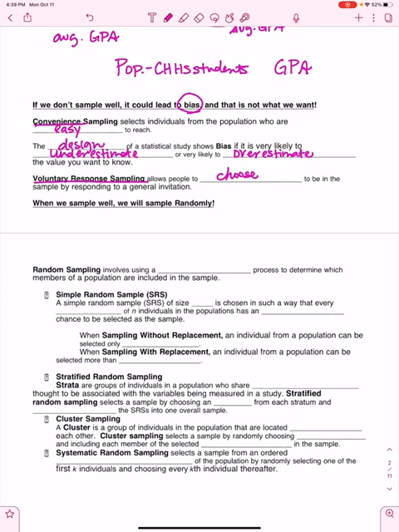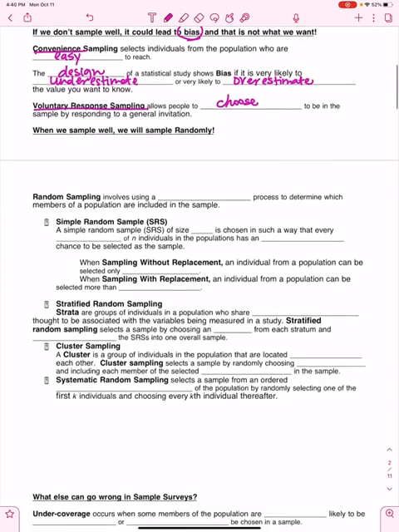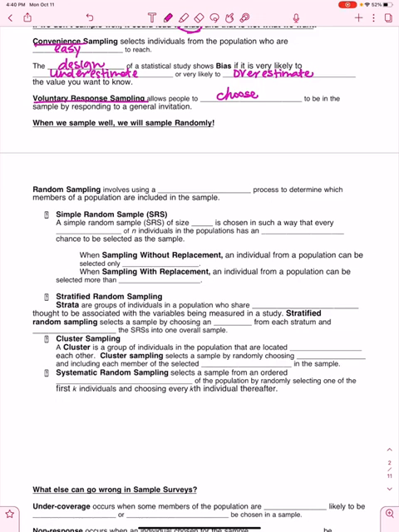Often what you see with voluntary response sampling is that, let's say I sent out a survey about something controversial. Guess who's going to respond? The people who feel very strongly about it in one direction or the other. So typically with voluntary response sampling, you don't really get a good sample that represents the population, because you're just going to get people who feel strongly one way or the other.